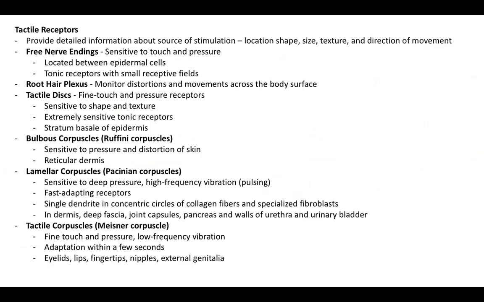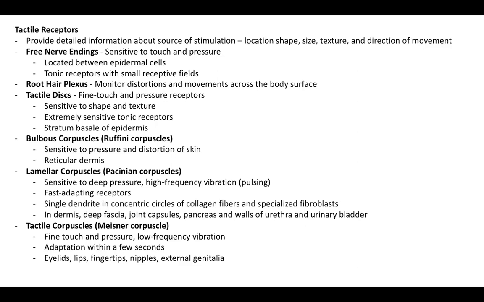Root hair plexus helps to sense the movement of the hair. When something brushes across our body's surface, it moves the hair follicles and stimulates the nerves around the root hair. So it senses movements across our body surface. Then we have tactile discs.